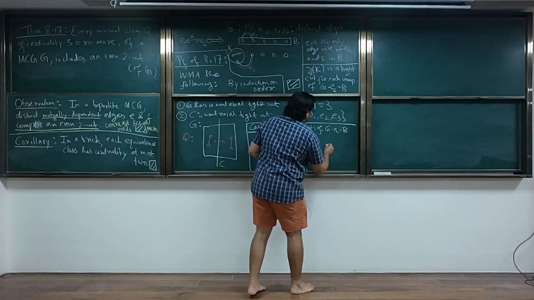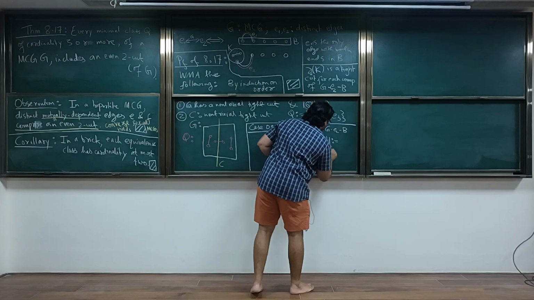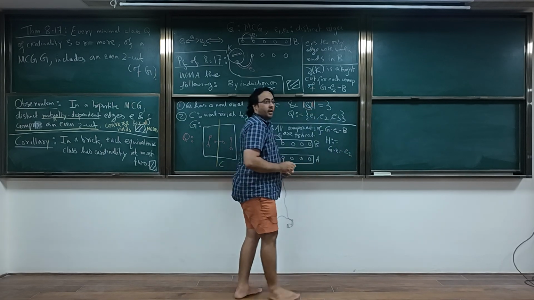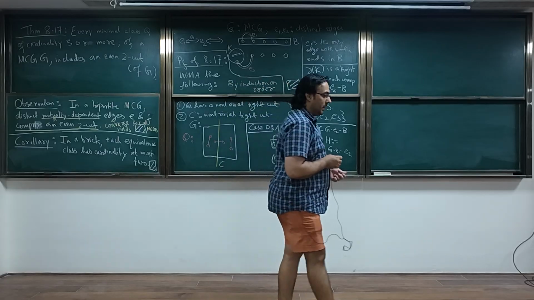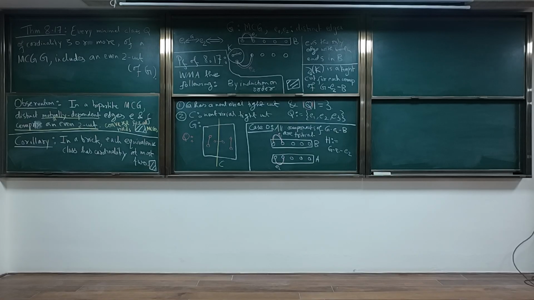And we considered the graph H, which is G minus E1 minus E2. And we made a few observations. Since E1, E2, E3 is a minimal class, it is a class by itself. The only unmatchable edge in this is E3.